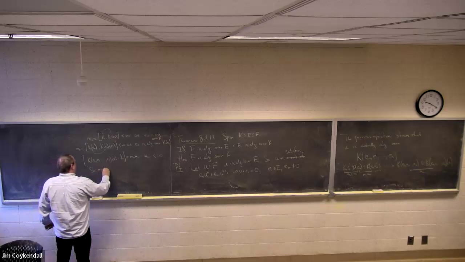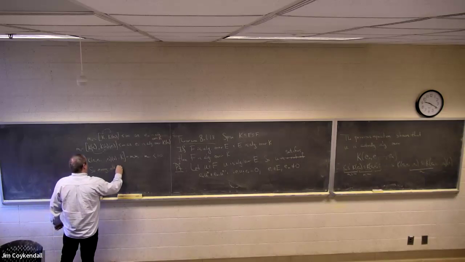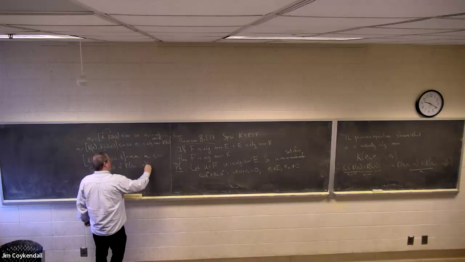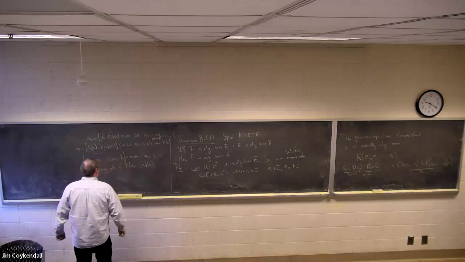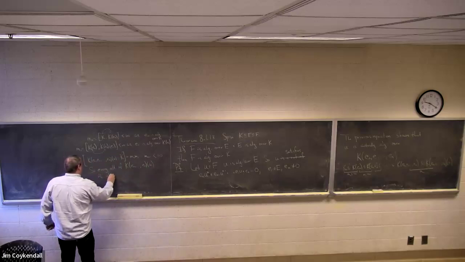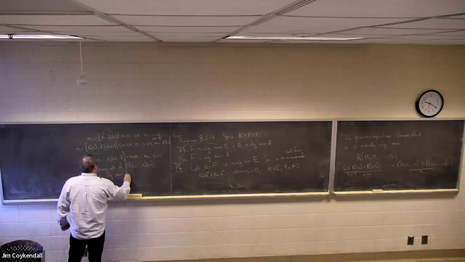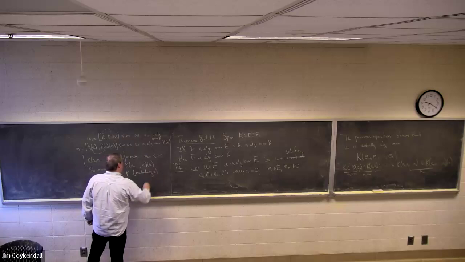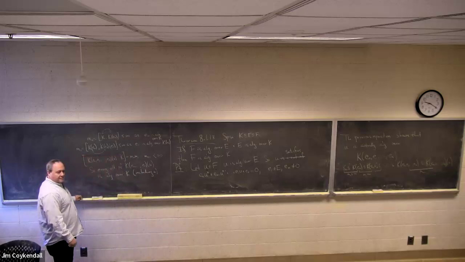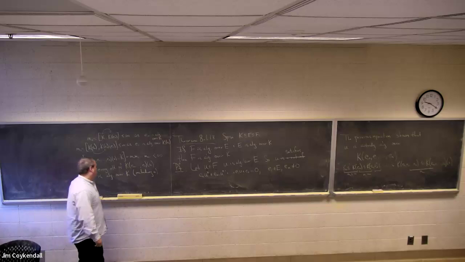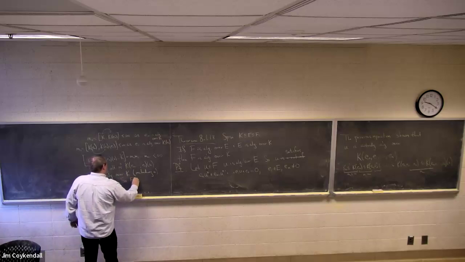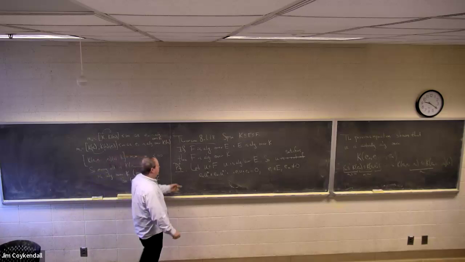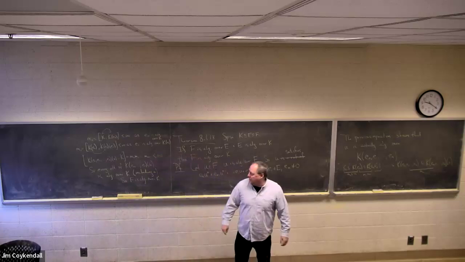So every element U is algebraic over K. So F is algebraic, because we've shown that an arbitrary element in F is algebraic.